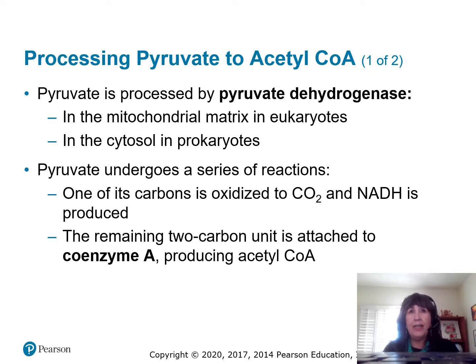And then here it says, where does that CO2 go? Because remember, energy cannot be created or destroyed. It has to be transferred or transformed. So that one carbon that is broken off is going to form CO2. And so the remaining 2 carbon unit is attached to coenzyme A, producing this molecule called acetyl-CoA.